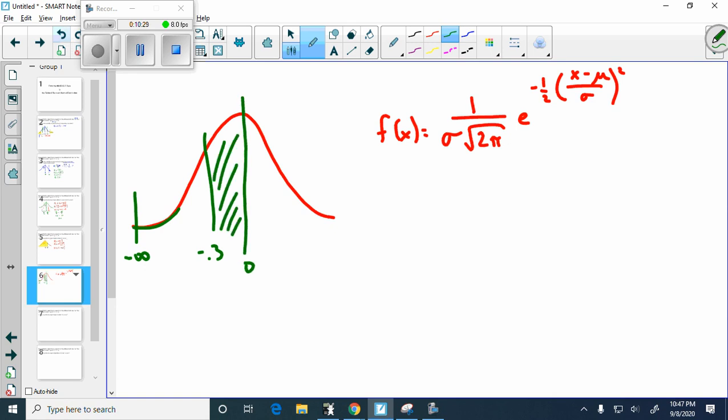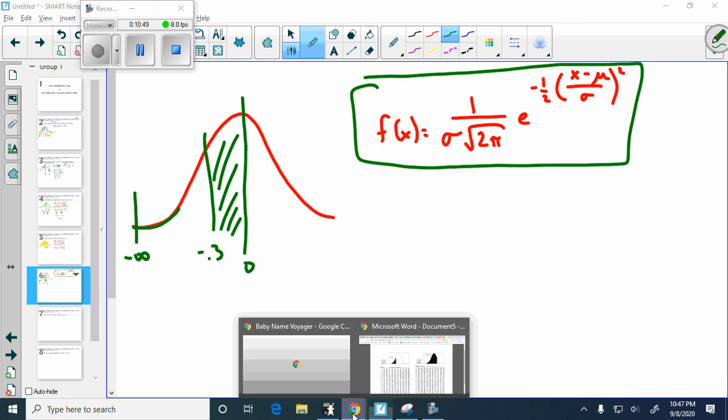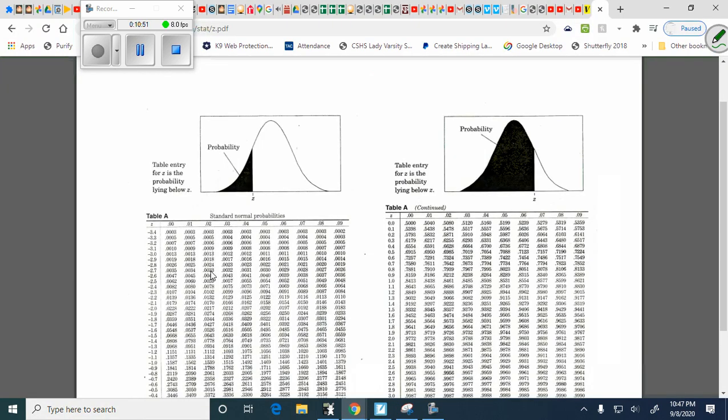But that's essentially what calculus is: it finds areas underneath curves, even really awful formulas for curves. Now, some guy who was probably much smarter than all of us did this a lot and came up with an entire table that we can use here.